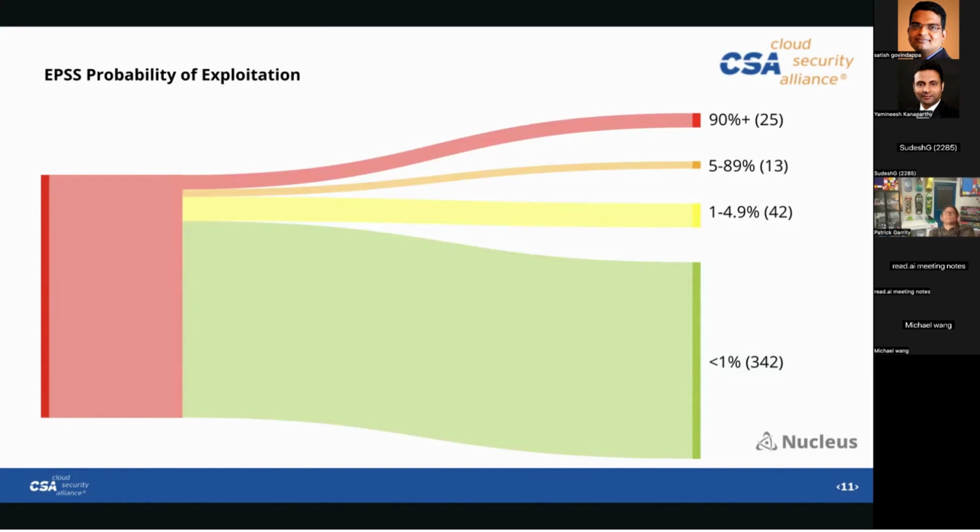Just because something's a 10 and critical on the CVSS scoring system does not mean that it ever is going to be exploited. So out of those 420 vulnerabilities, we have 25 that are 90% probability in the next 30 days. We have 13 additional ones that are 5% higher, and then 42 additional that are 1% or higher. So this really helps you prioritize the things that are most likely to be exploited, which is great.